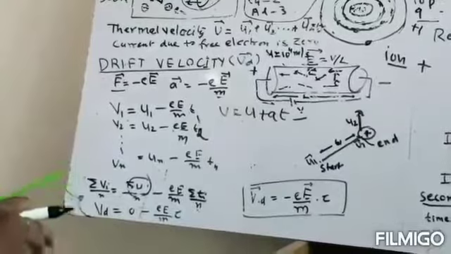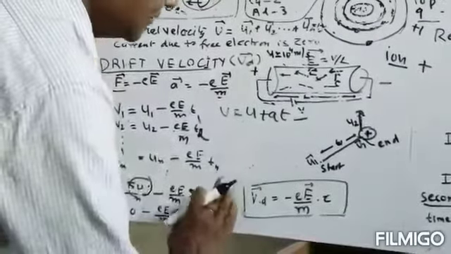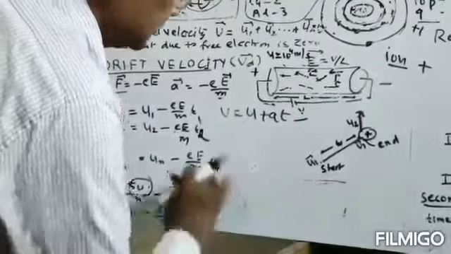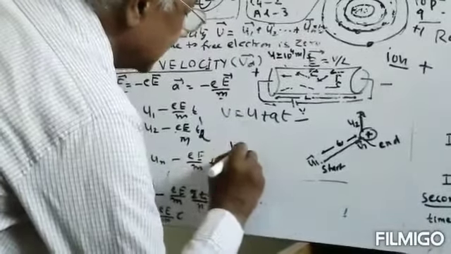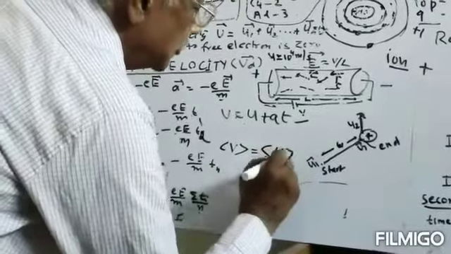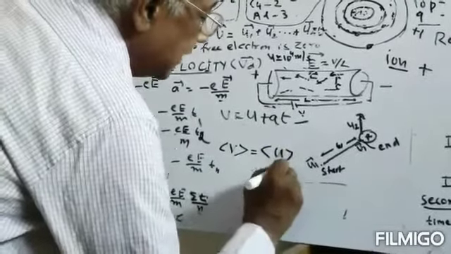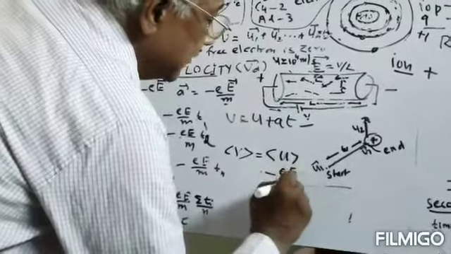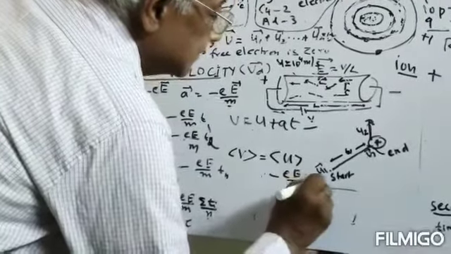So we can write the average velocity. Average velocity V is equal to average velocity U minus small e into capital E by m into the average time.